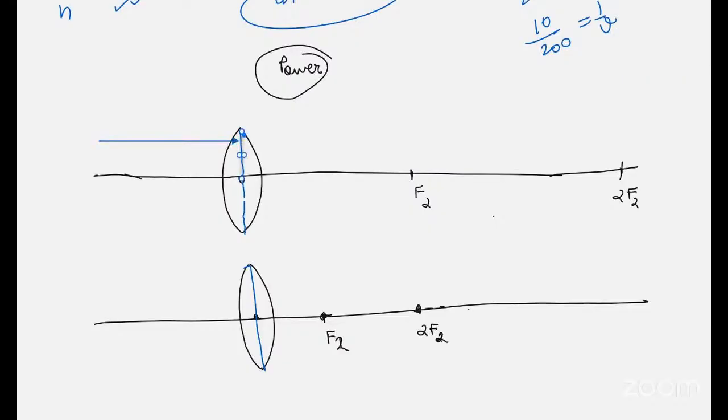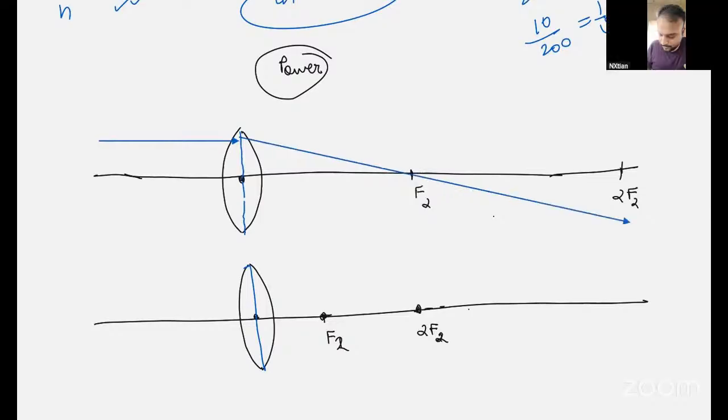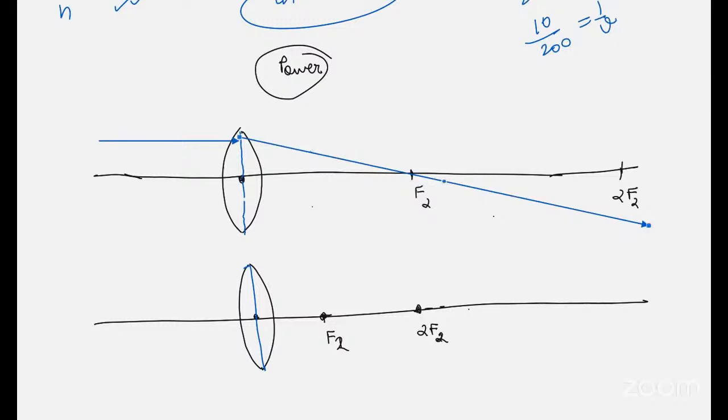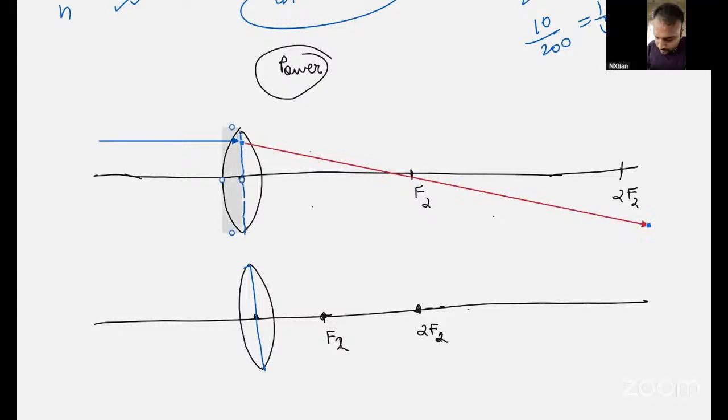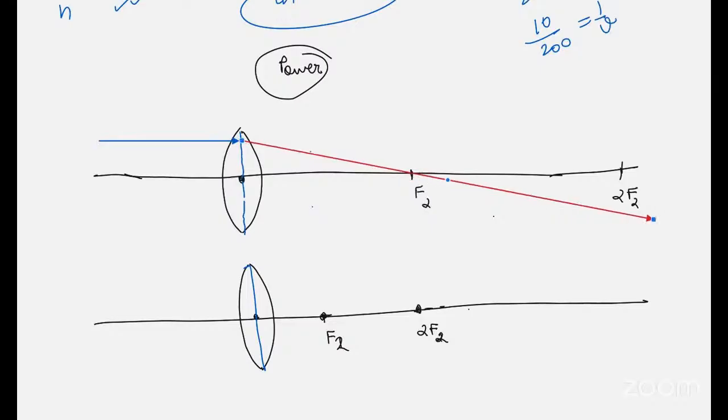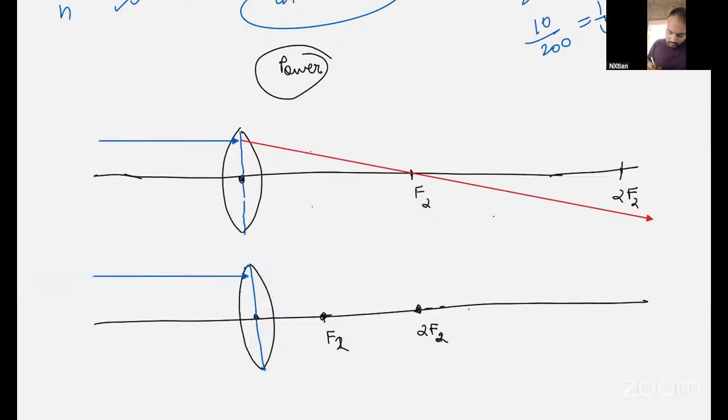Yes, if the line is parallel to the principal axis, after refraction it will go through focus, correct, right? F2, right. Yes, no problem in that.